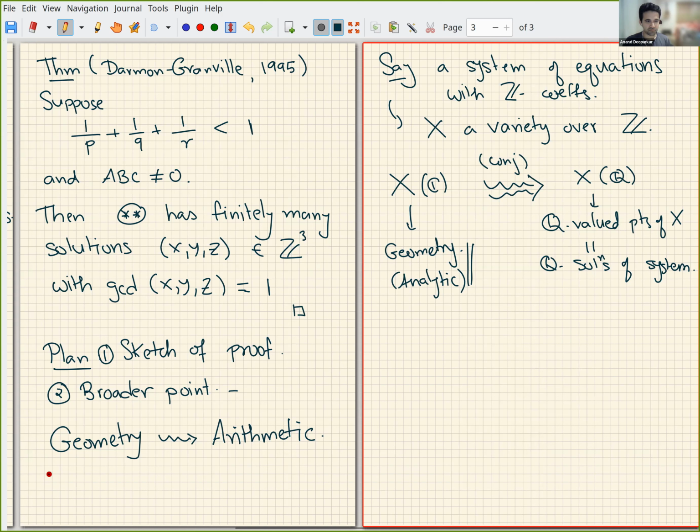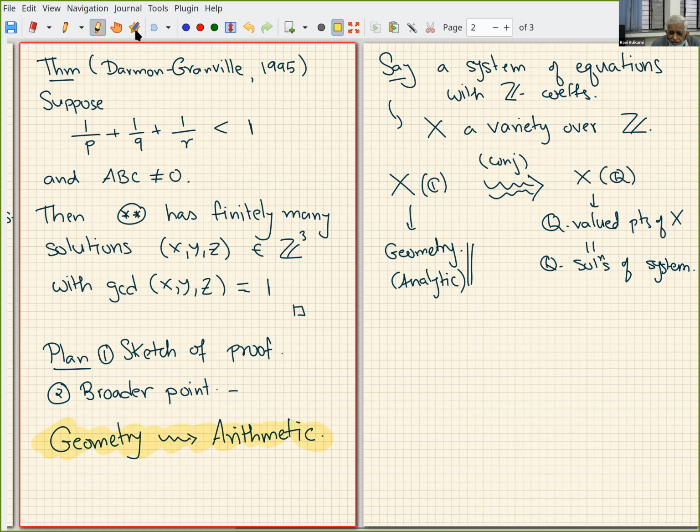So this is the broader point I want to make, which is encoded in this slogan that geometry dictates arithmetic. So how do I highlight this in the sketch of the proof of number one?